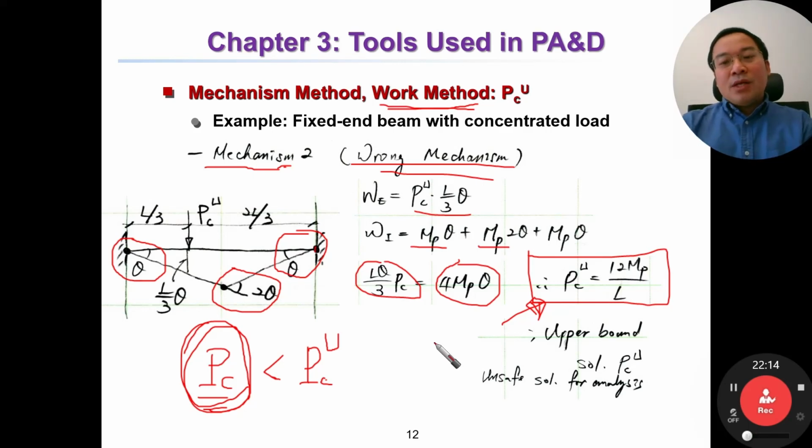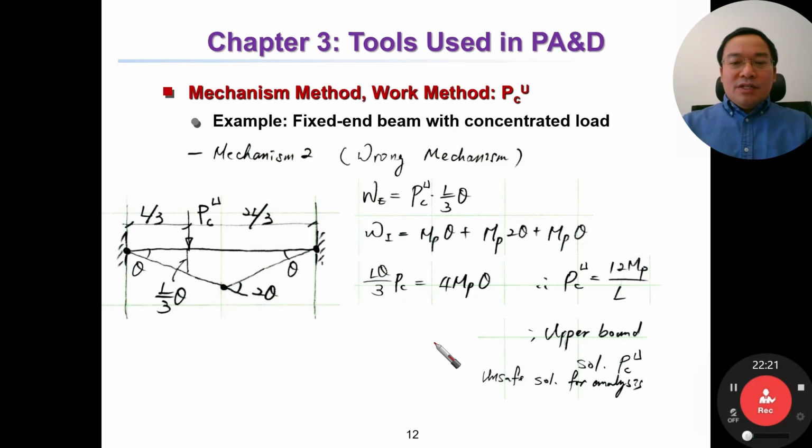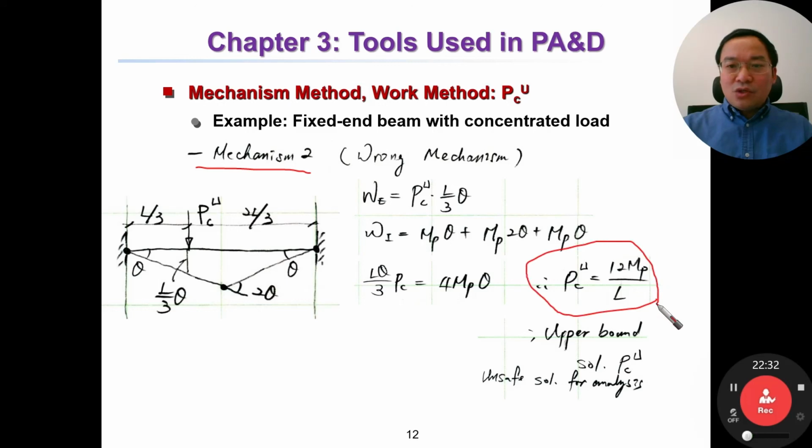Because this is a very simple structure, we have only two mechanisms. You can try different mechanisms, and we can observe different solutions, and every solution should be greater than the correct solution.